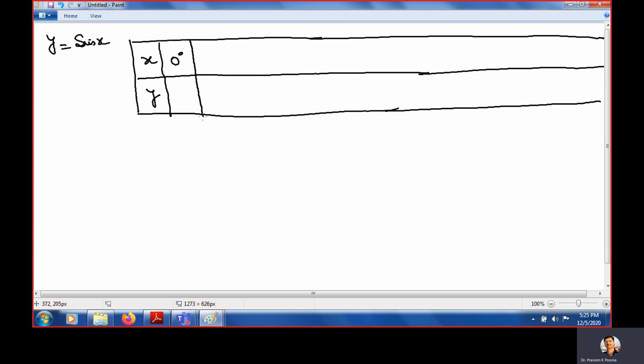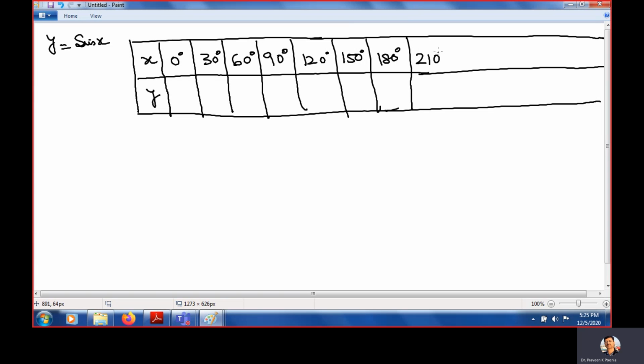So the sine of 0 degree, 30 degree, 60 degree, 90 degree, 120, 150, 180, 210, 240, 270, 300, 330, and the last one is 360.